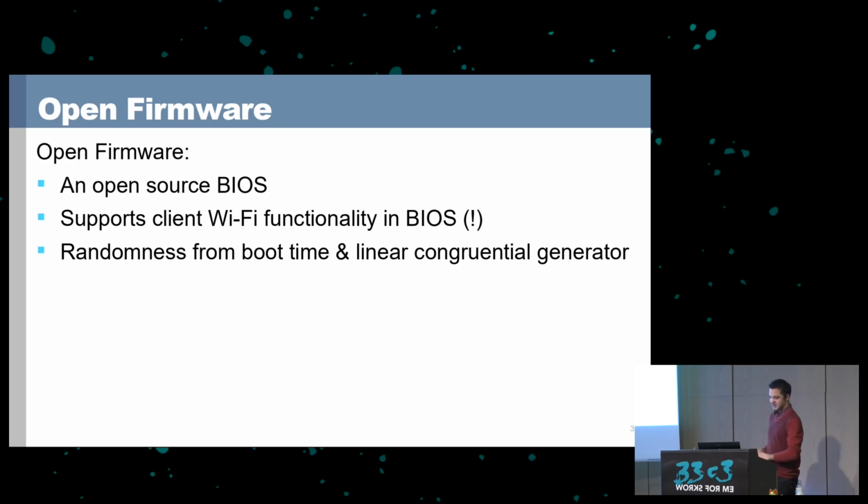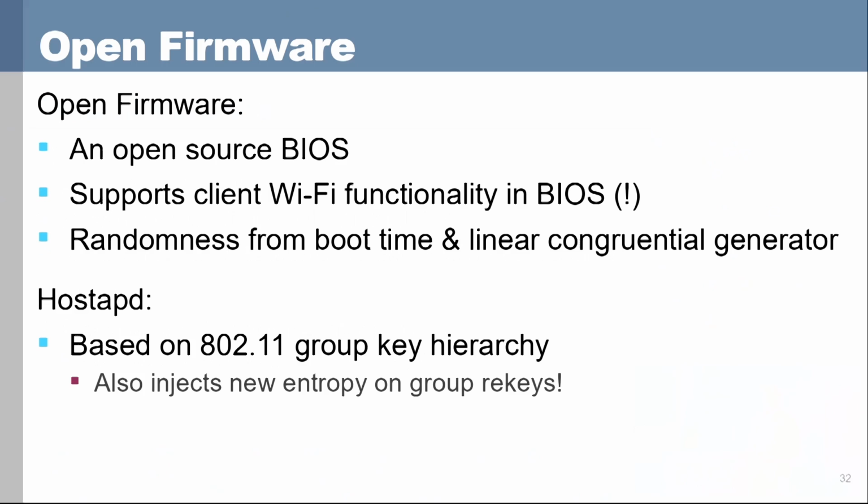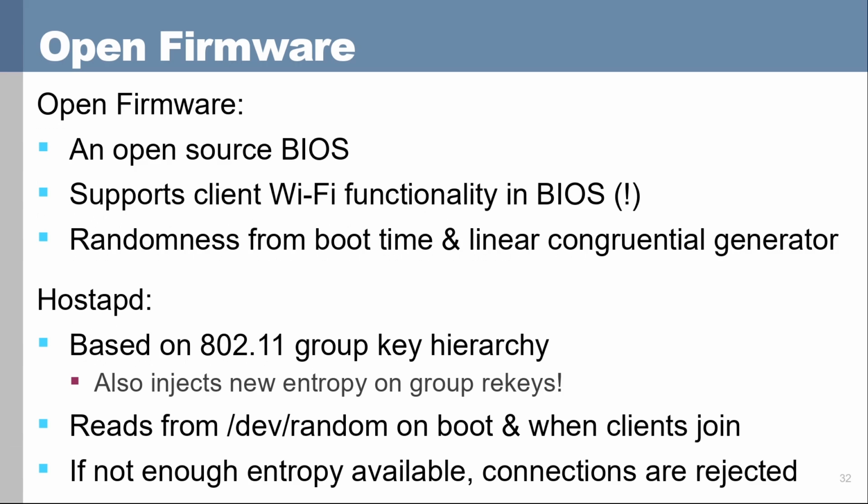So as the last example, we have hostapd, which is essentially the most used access point on Linux. For example, it is used by Android if you set up a hotspot. And they have a very good implementation. They implement the 802.11 group key. They extended it to include entropy every time a new group key is generated. So that's very good. Even better than that, they read from /dev/random on boot.